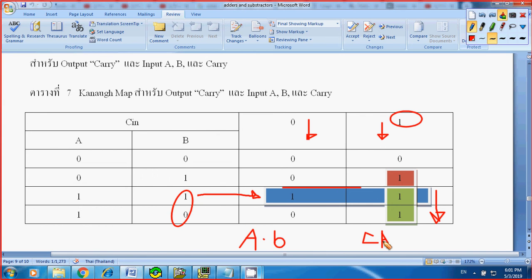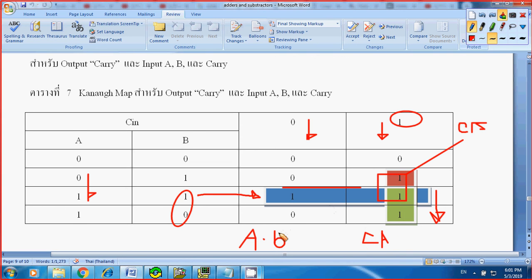Now, what about the last one right here? You can do the same thing. C doesn't change. You keep C. But in this case, A changes, right? But B doesn't change. It still stays at 1. So you need B. From 4 terms, you end up with 3 terms.